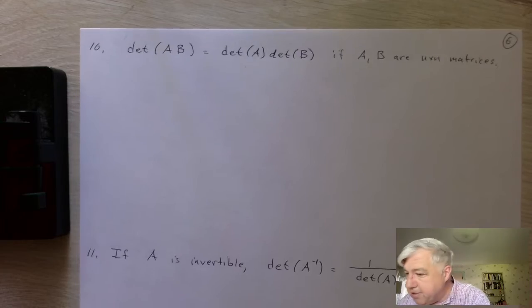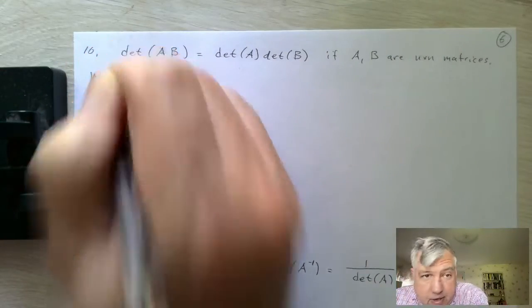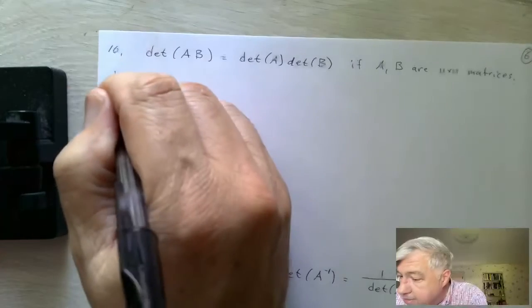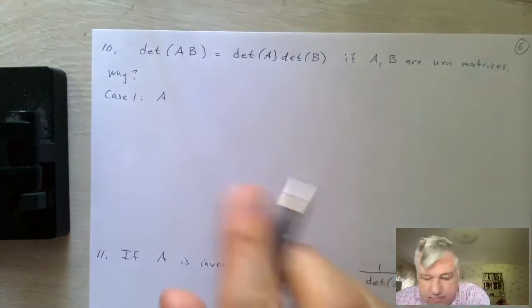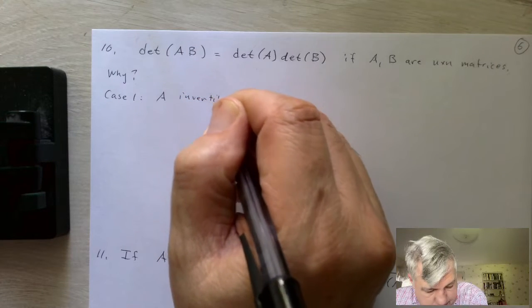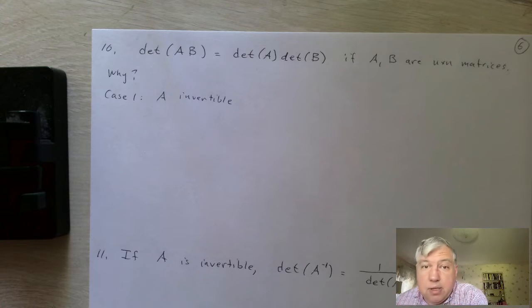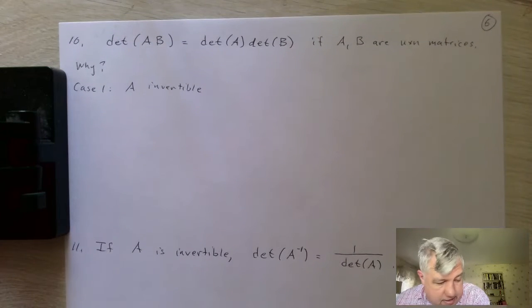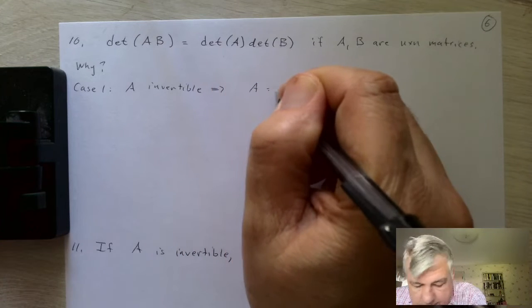We're going to break this into two cases. Case 1, A is invertible. In that case, A can be written as a product of elementary matrices.